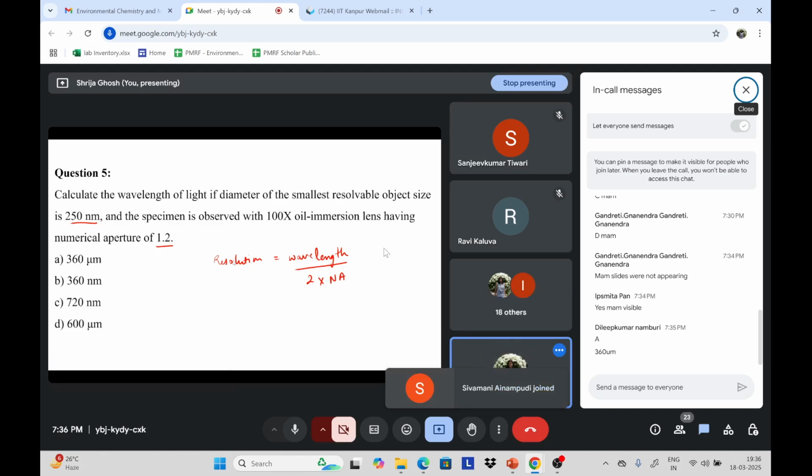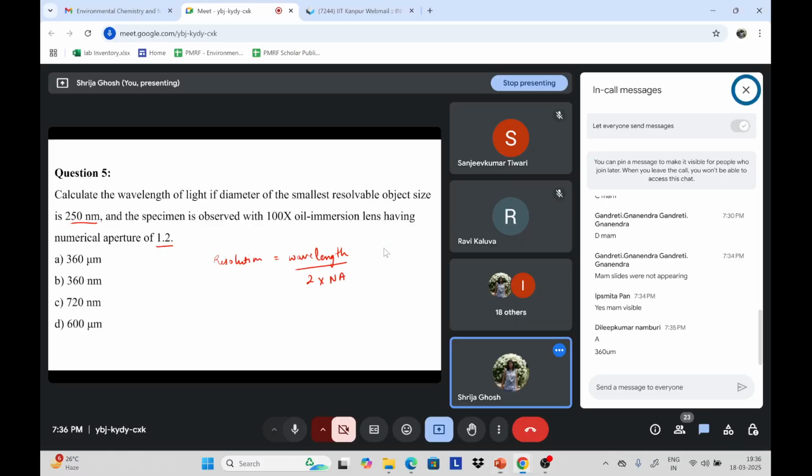Anyone else? Anyone else is able to solve it?